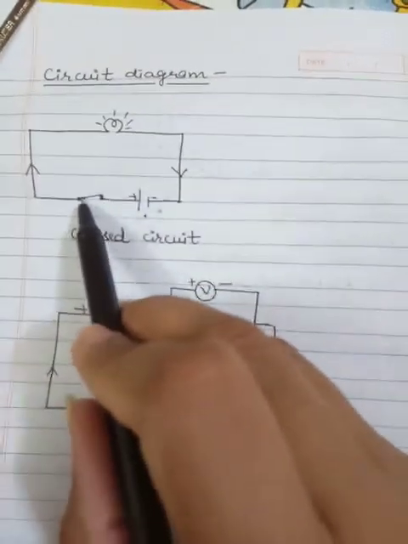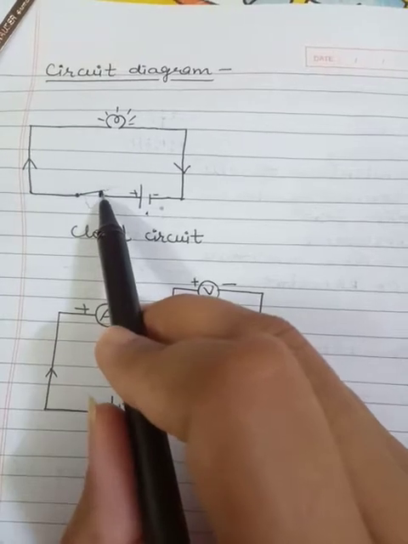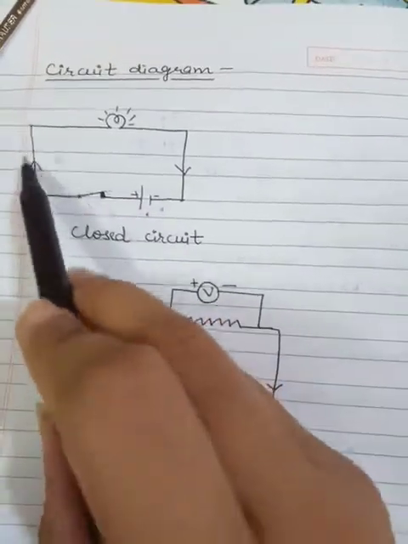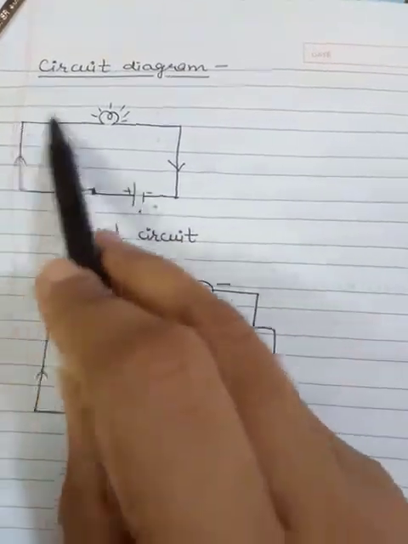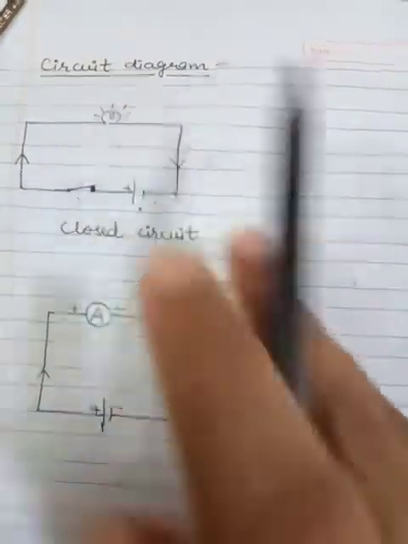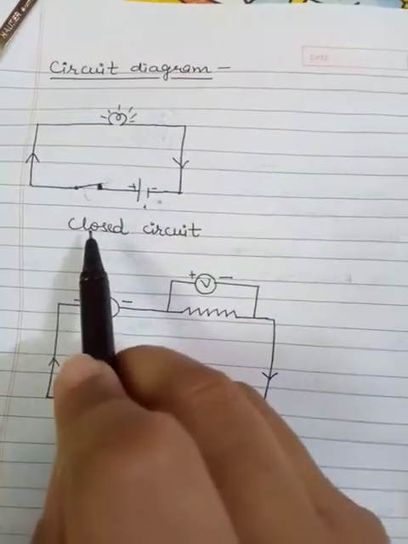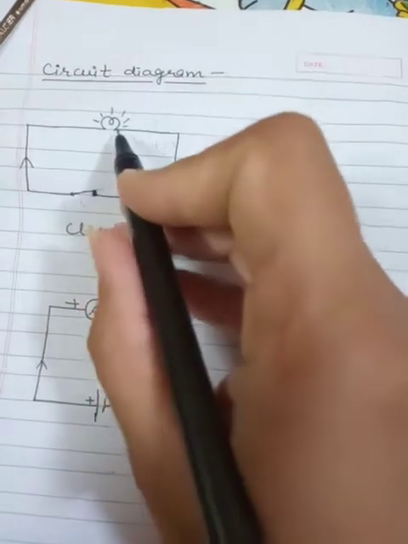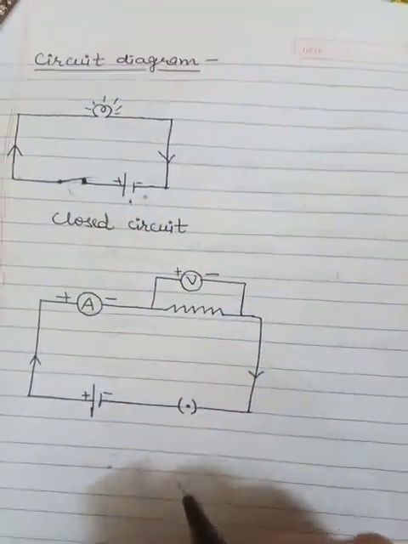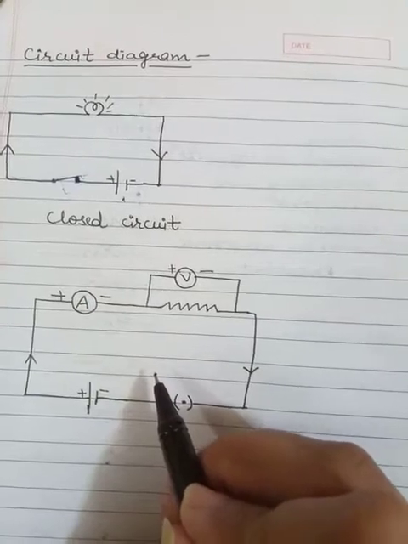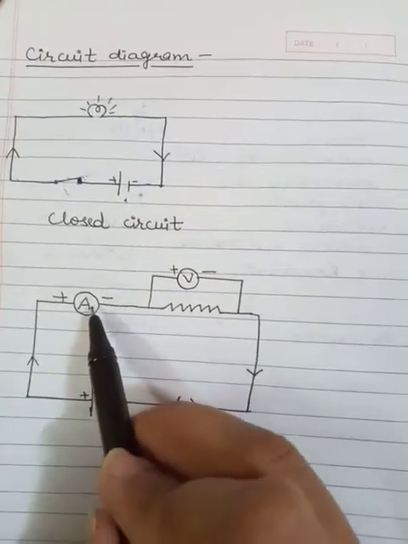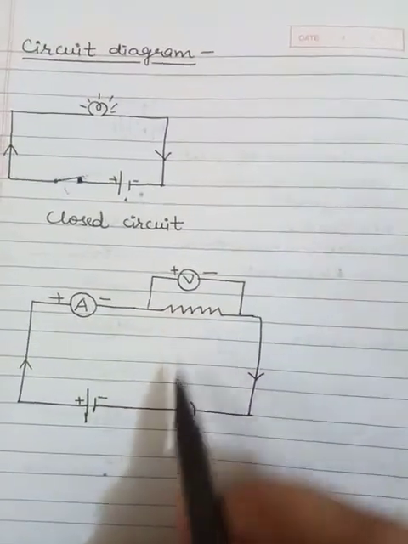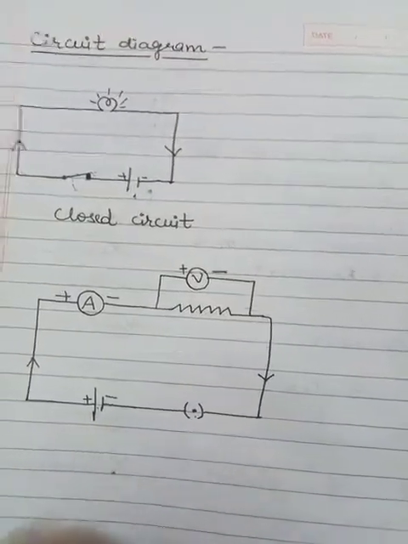When the key is closed, in the closed condition, the current will flow from the positive terminal to the negative terminal and the bulb starts glowing. But when the key is off, there will be space between these two points and the bulb will not glow. This is also a circuit diagram using an ammeter, a voltmeter, a resistance, a key and a cell.